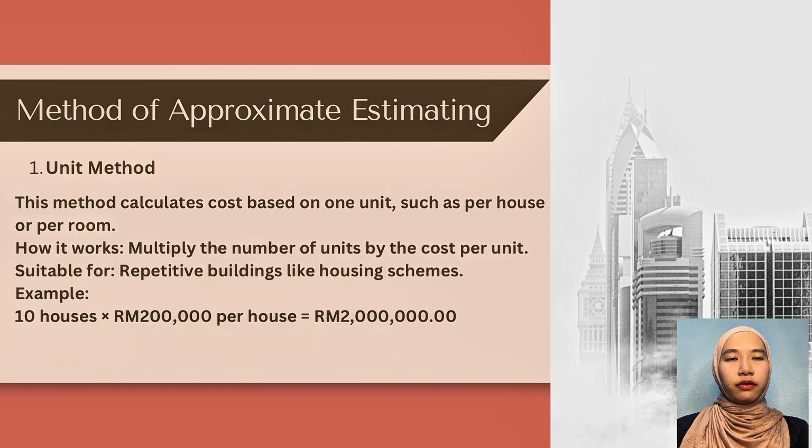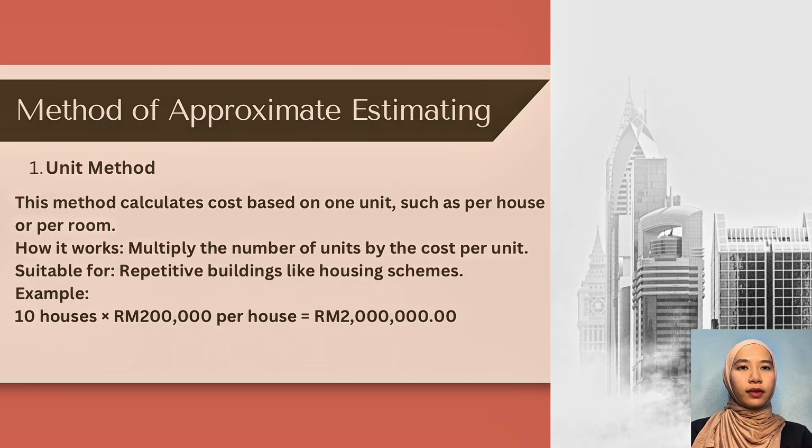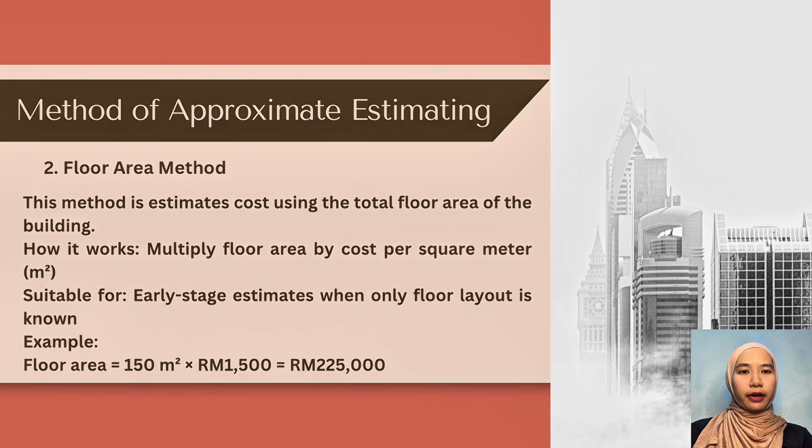It is suitable for repetitive buildings like housing schemes. It works by multiplying the number of units by the cost per unit. For example, we have 10 houses times 2,000 ringgit per unit, so the estimated cost will be 2 million ringgit.